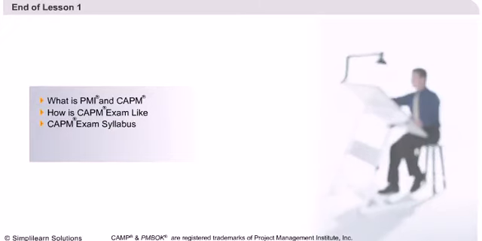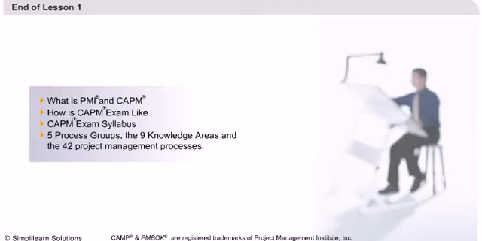Finally, we covered the syllabus of the CAPM examination, wherein we explained the 5 process groups, the 9 knowledge areas, and the 42 project management processes. Before marking the end of Lesson 1, we also saw how the whole Simplilearn CAPM preparation course is categorized into 12 lessons and what each of these 12 lessons covers.